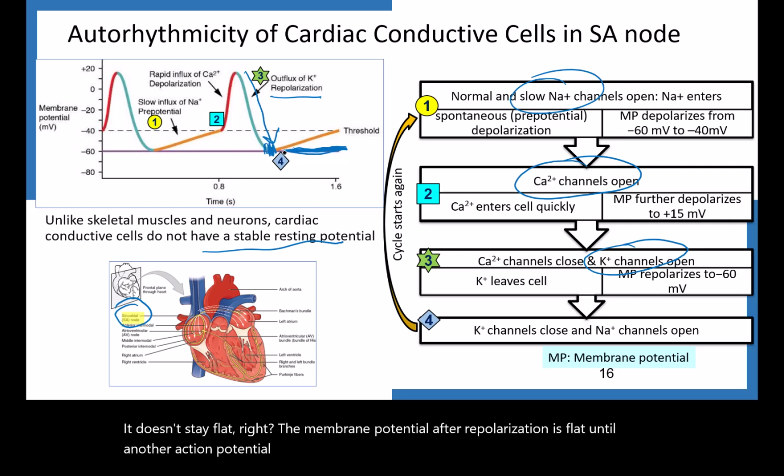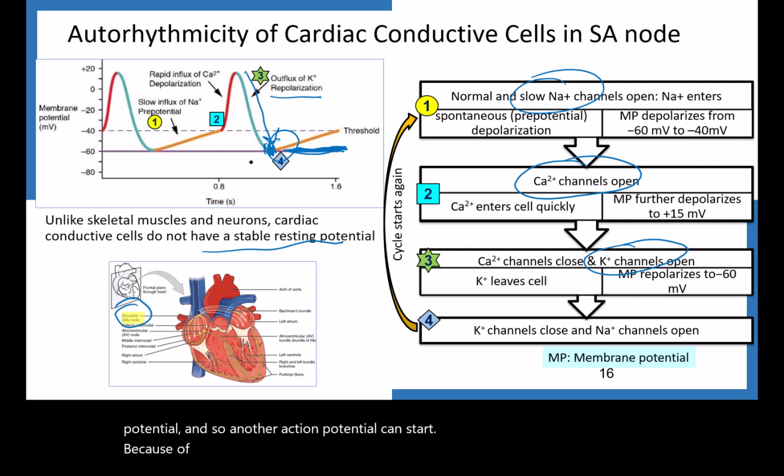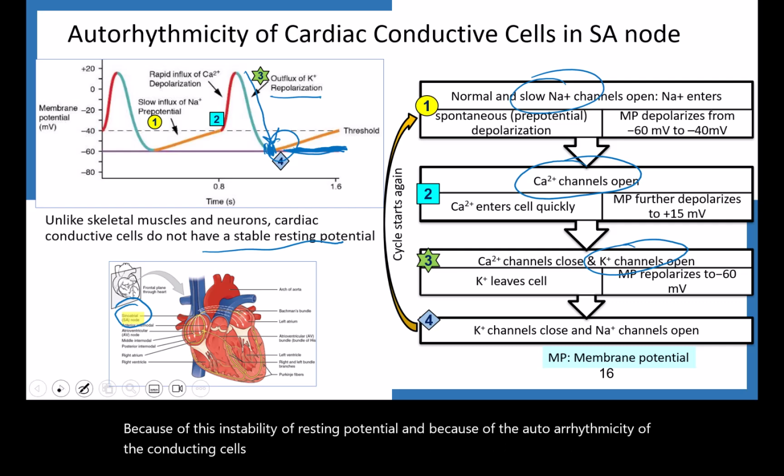In the SA node, you don't have that stable resting potential, and so another action potential can start because of this instability of resting potential and because of the autorhythmicity of the conducting cells in the SA node.